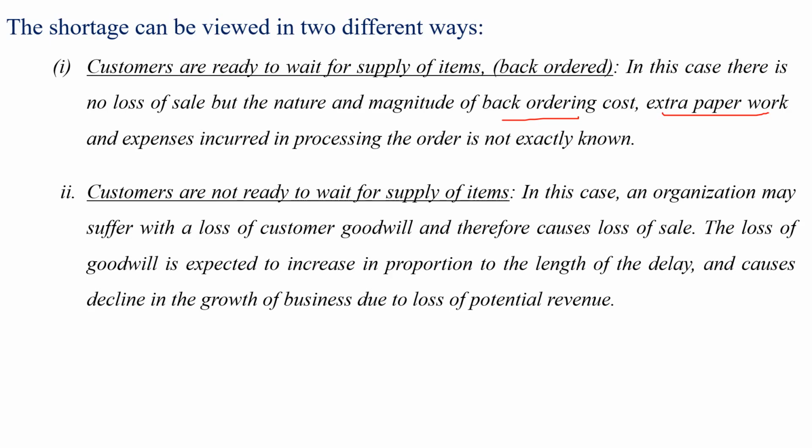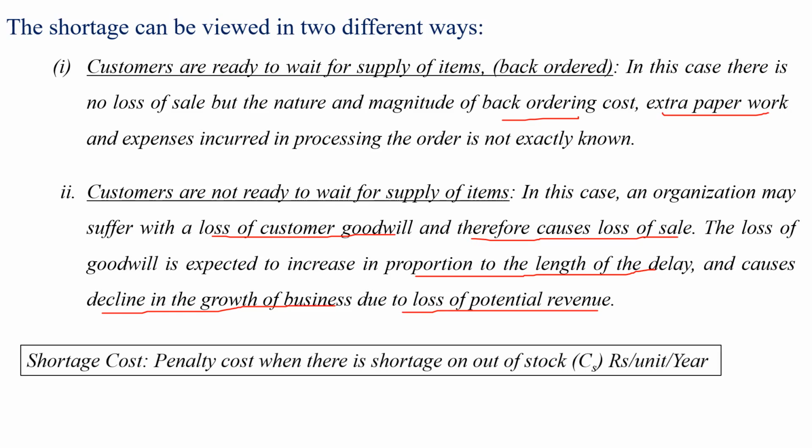So let's see the second view. Customers are not ready to wait for supply of items. In this case, an organization may suffer a loss of customer goodwill, and therefore a loss of sales. The loss of goodwill is expected to increase in proportion to the length of the delay and causes a decline in growth of the business due to loss of potential revenue.